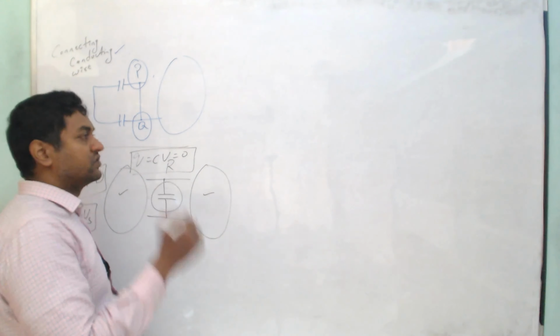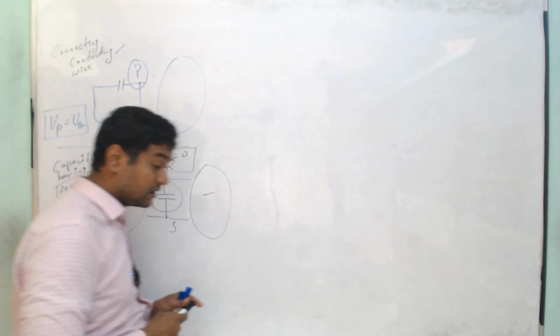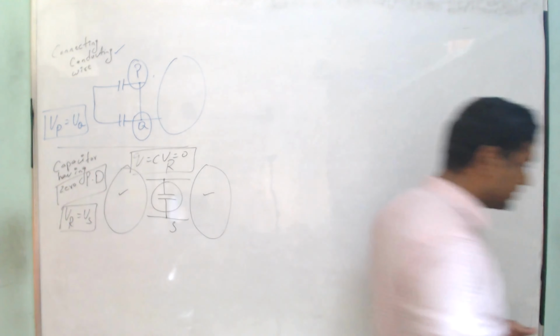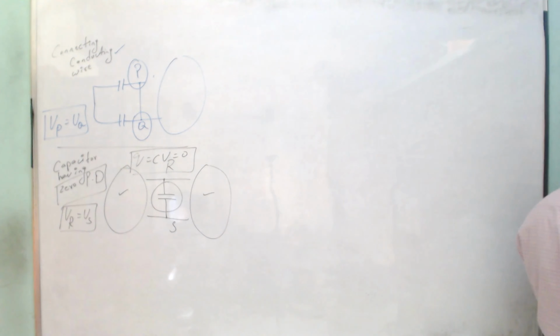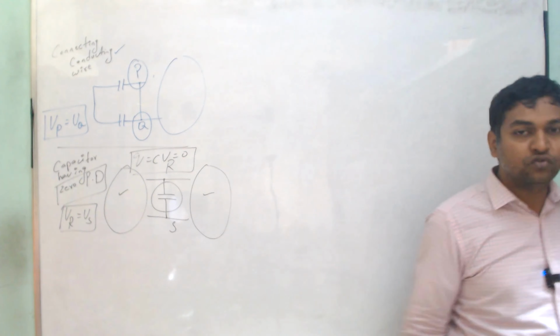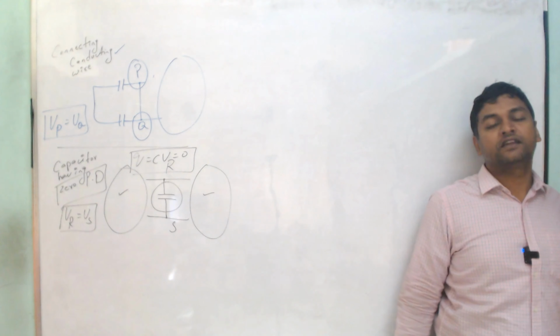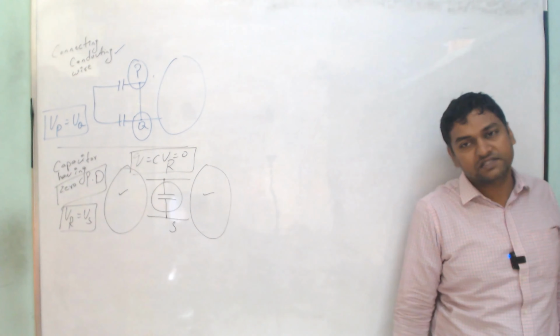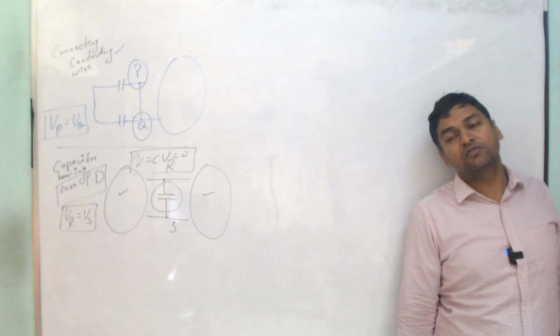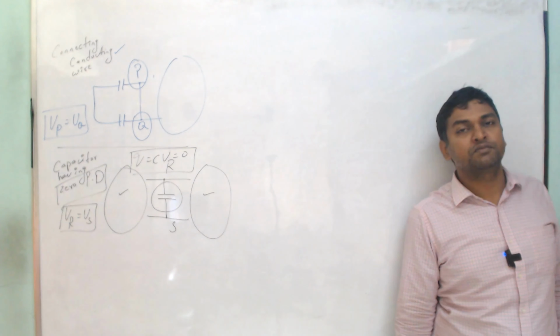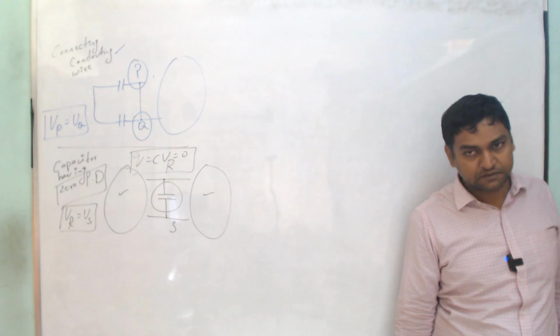Now, in the earlier question, question number 9, you connected it by a conducting wire, making the potentials same. Therefore, the left capacitors and right capacitors, we took it as parallel.